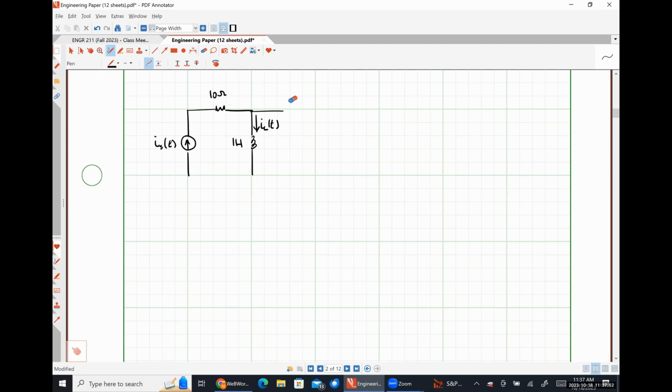No, let's do a capacitor here just for the sake of argument. 0.4 Henry, maybe. And Farad, thank you.